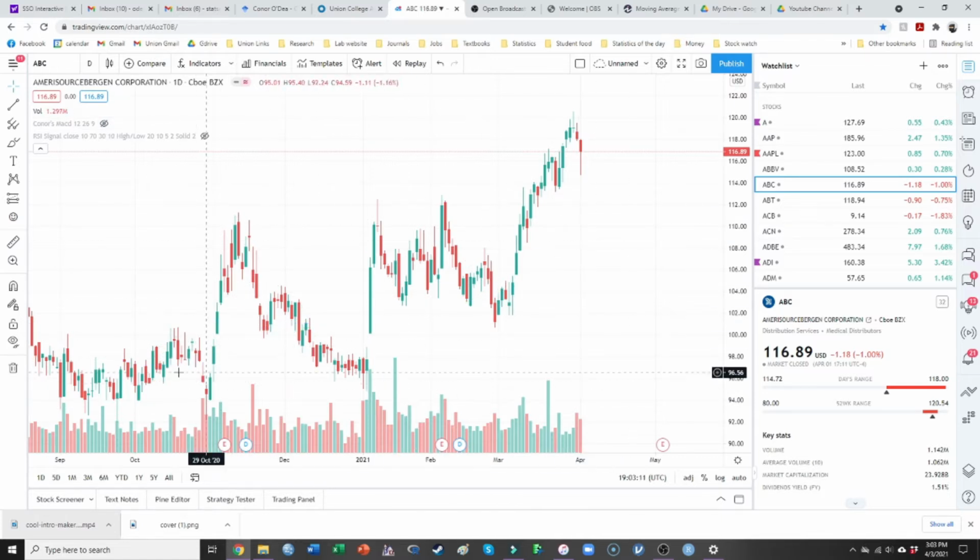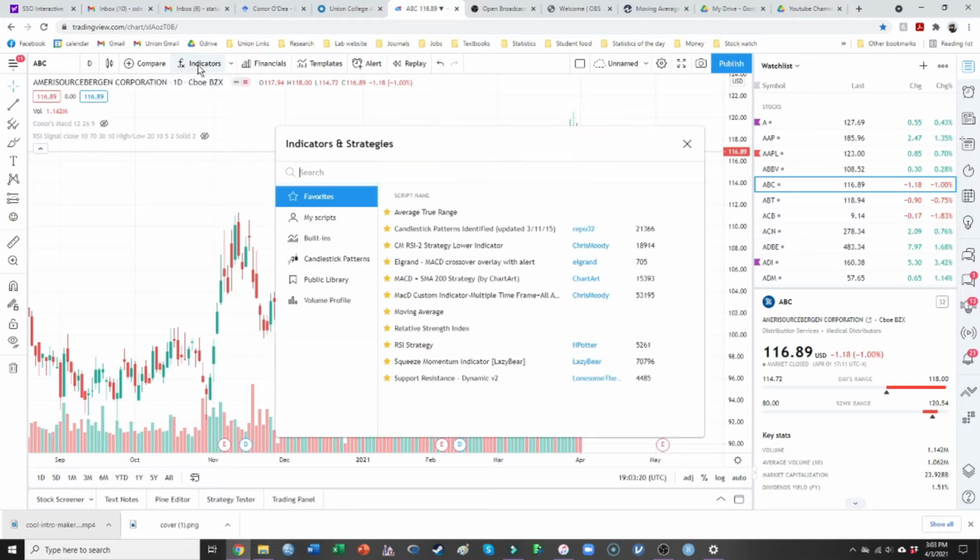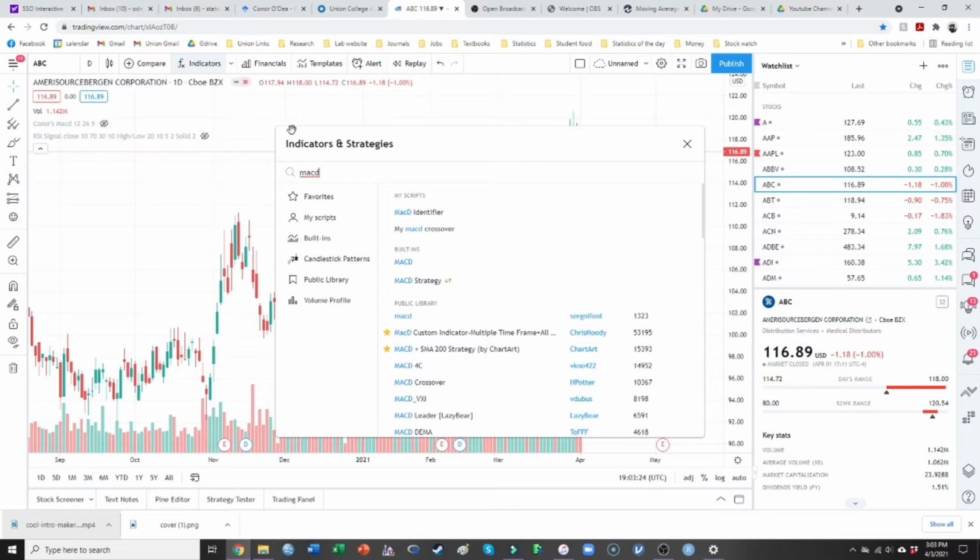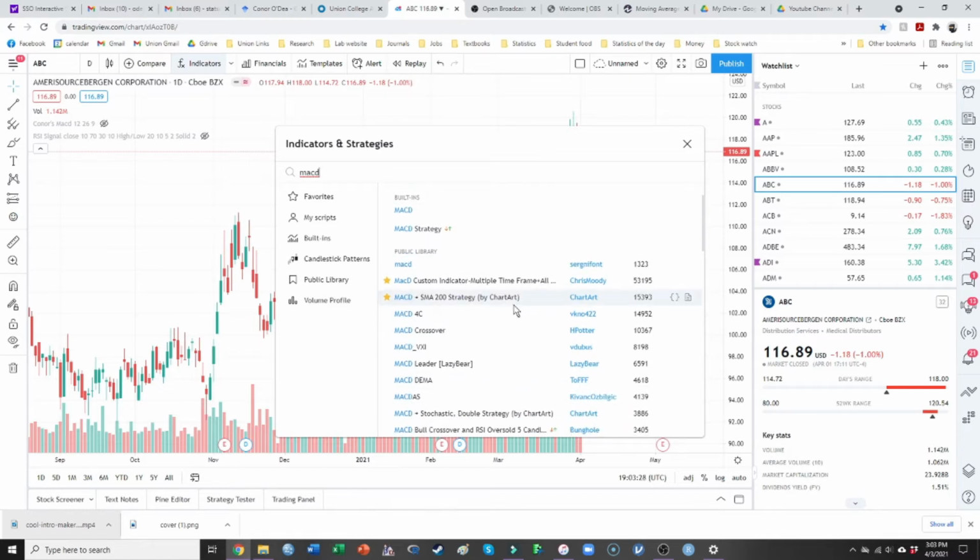When you first get on TradingView, the software that I use and suggest, you can come up here to indicators and type in MACD, and there's going to be some built-ins that you can use. Other people have coded various strategies, and you're welcome to use whatever ones work for you. When you first get started, you're probably just going to want to use one of the built-ins.